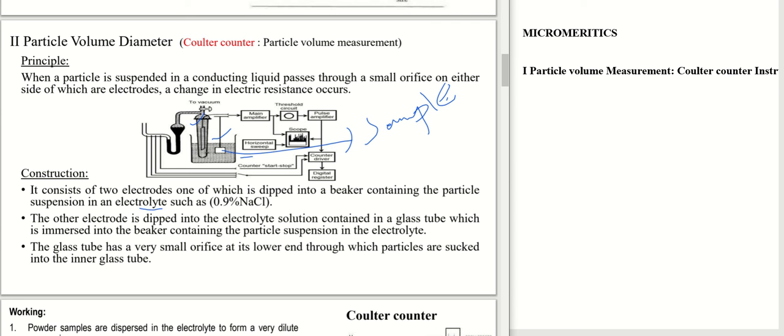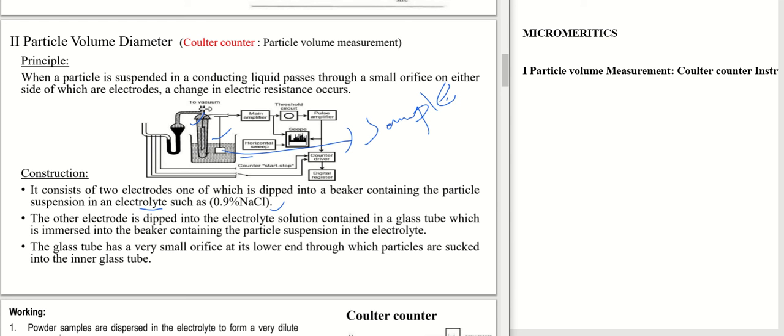Normally, we make use of 0.9% sodium chloride solution, nothing but saline. We should make sure that this electrolyte does not flocculate our powder sample. So we need to choose the powder sample and the solution in such a way that it produces a deflocculated suspension.